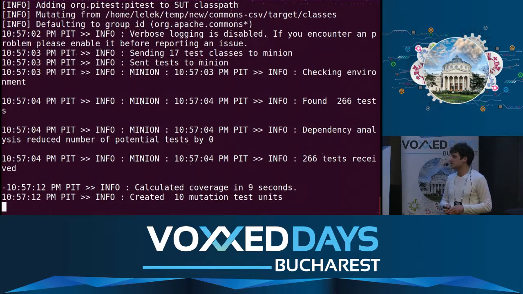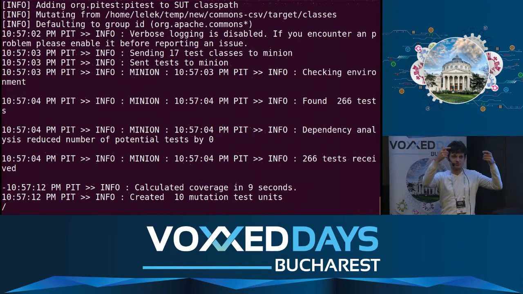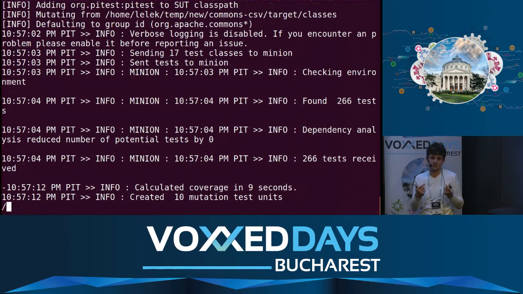It's nothing fancy, but still an improvement. Also, Pit sorts the tests from the fastest to the slowest, because if a mutant is killed by one test, there is no reason to run other tests on the same mutant.